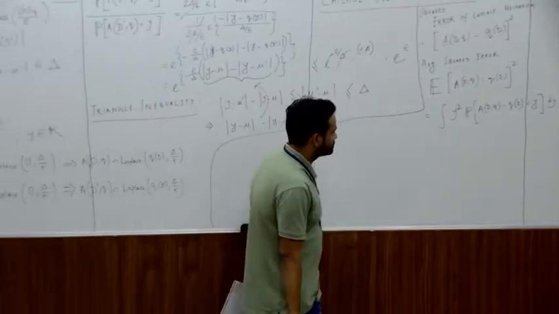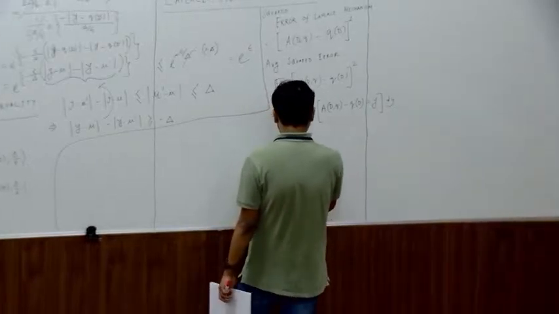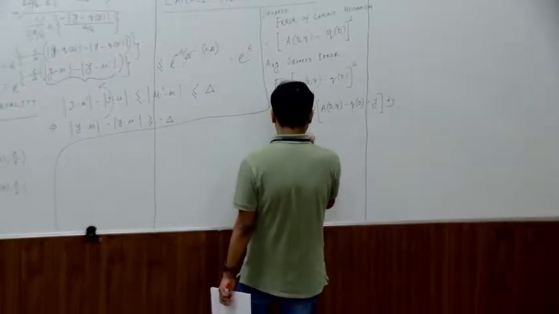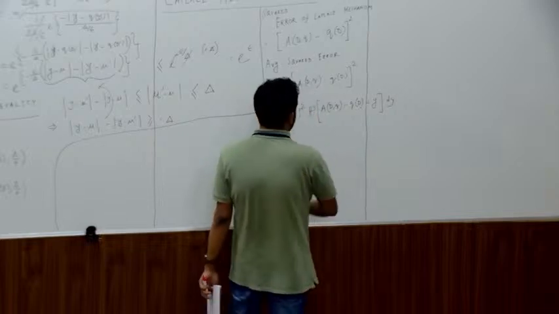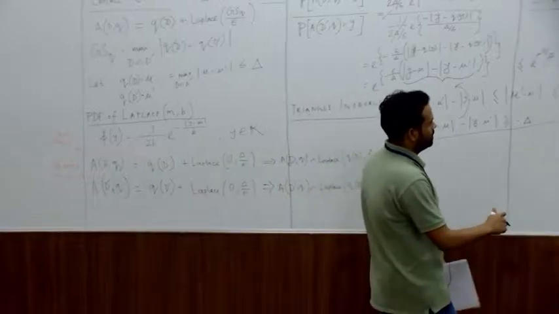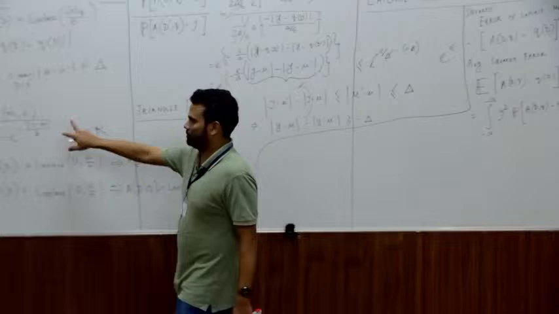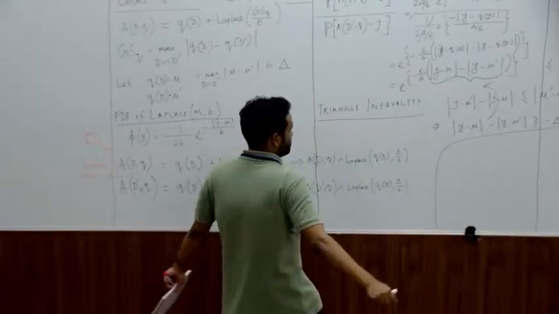Correct? And now we have to integrate over all possible y, which can take values from minus infinity to infinity. So basically, we are using this PDF.